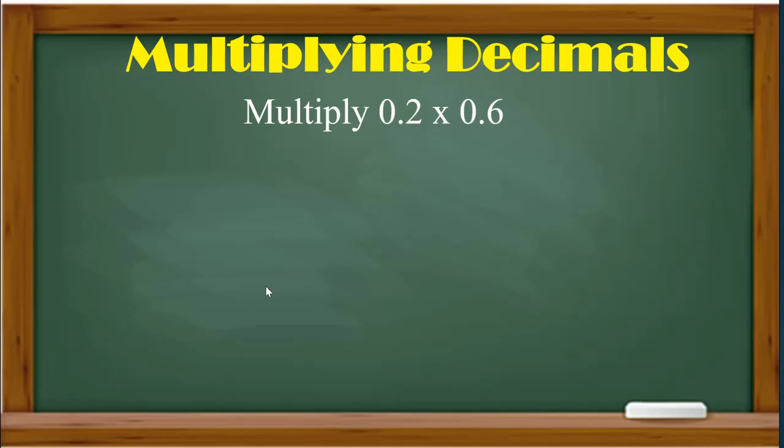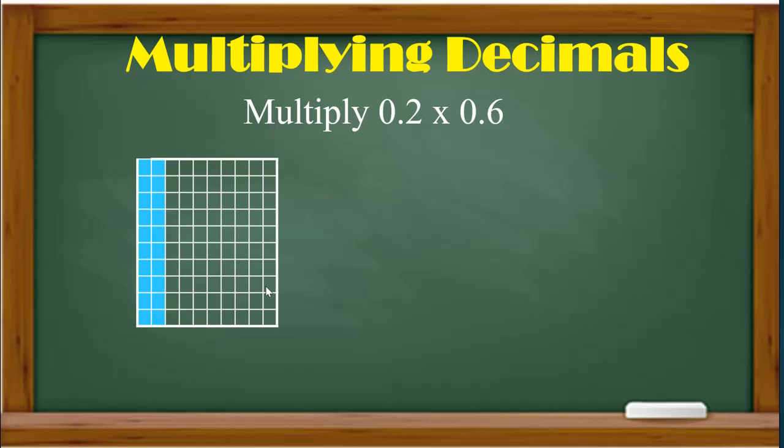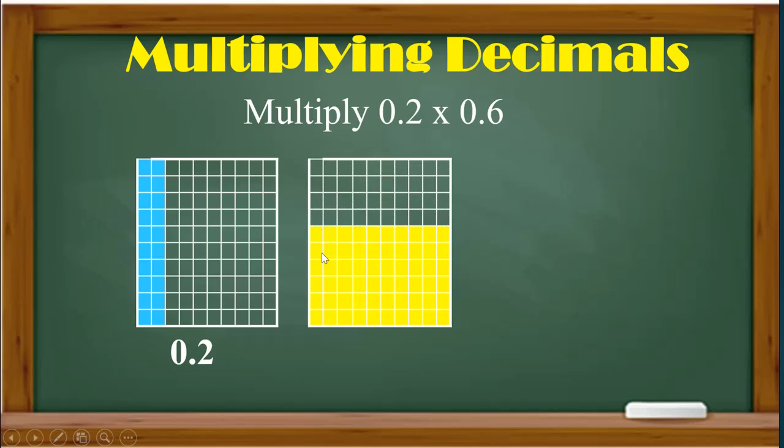How about multiplying a decimal by a decimal number? Let us have 2 tenths and 6 tenths. So if you will illustrate 2 tenths, we will color it blue vertically. And then, if you will illustrate 6 tenths, color the grid horizontally.